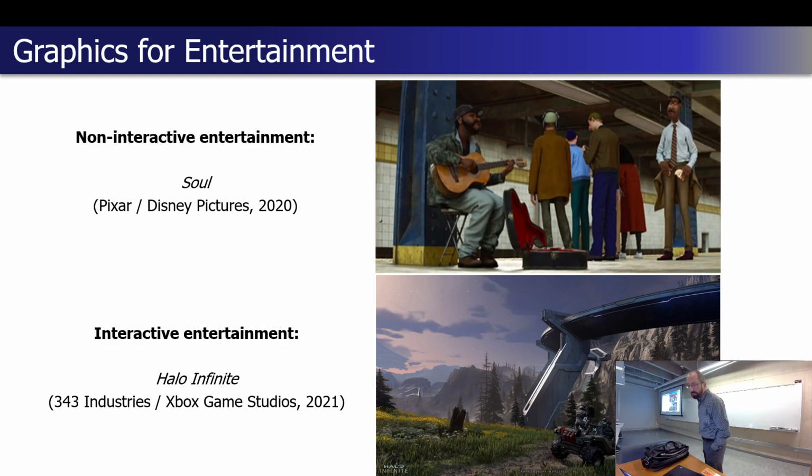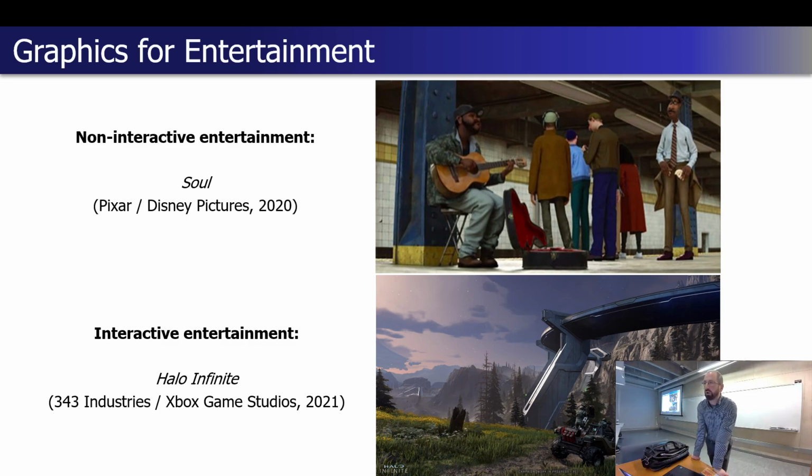What does this mean in practice? Well, we have all sorts of graphics for entertainment, right? We have the animation of what you could call non-interactive or offline rendering for movies, for example. This is just a frame from a relatively recent Pixar/Disney movie, and you can really see the attention to detail and the different lighting models here.